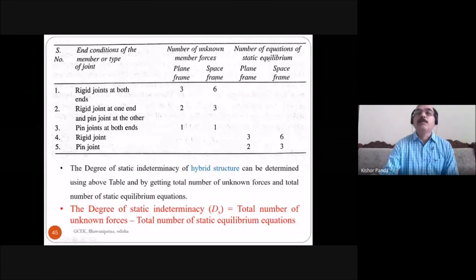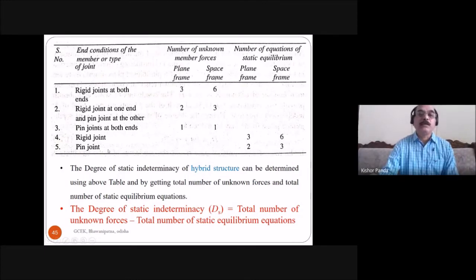Similarly, the number of equations of static equilibrium for plane frame and space frame is given. For a rigid joint and for plane frame, you have to take the number of equations of static equilibrium as 3, and for space frame, 6.